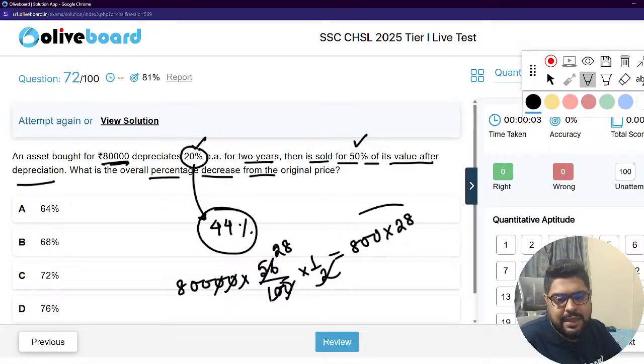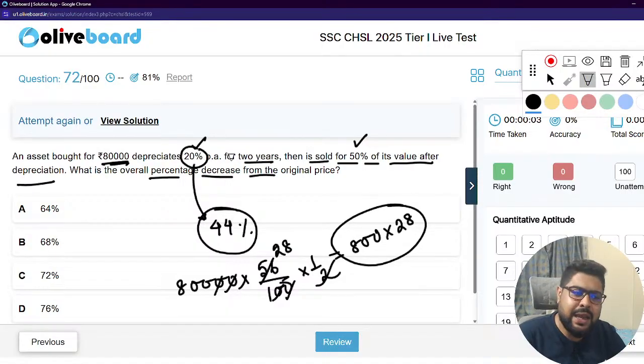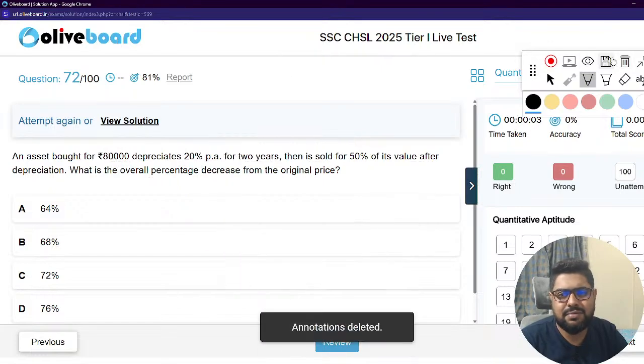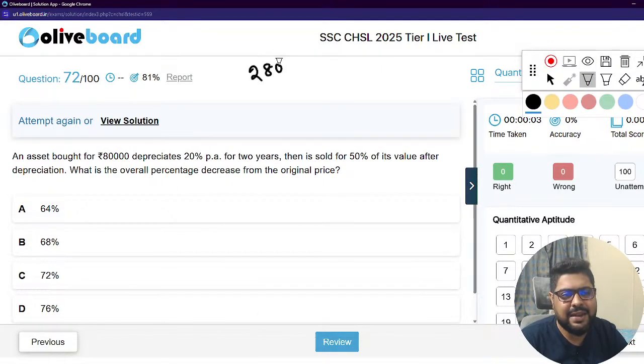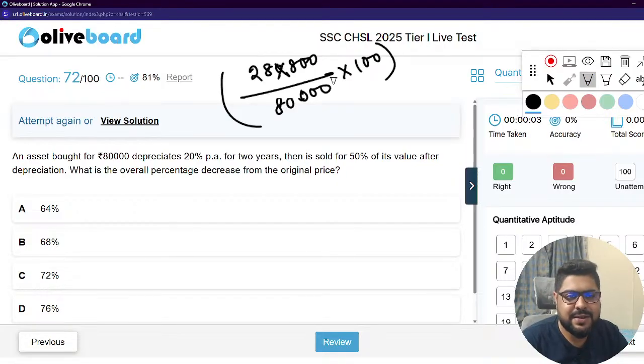That was the value. Now they are asking what is the percentage decrease? Let's figure out the percentage. Decrease, we will subtract from 100, sir. 28 into 800 out of 80,000. Eight 8s are gone.